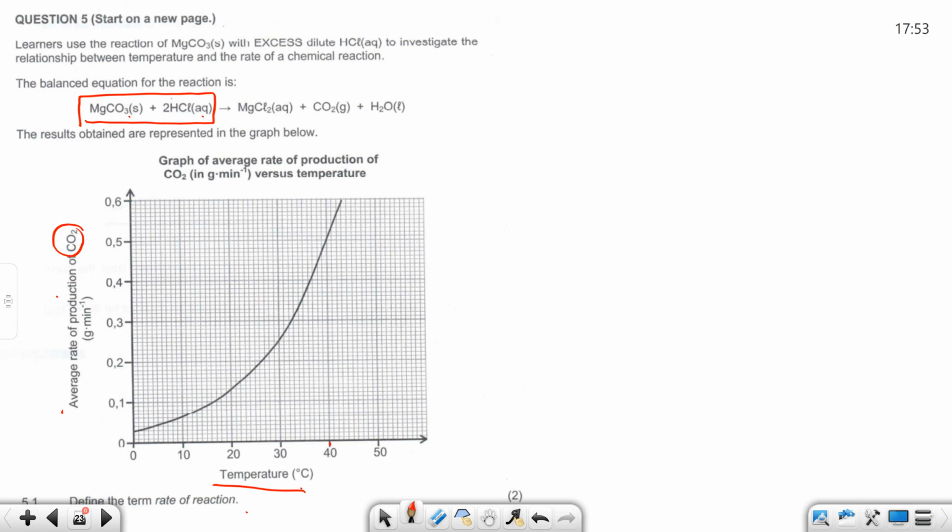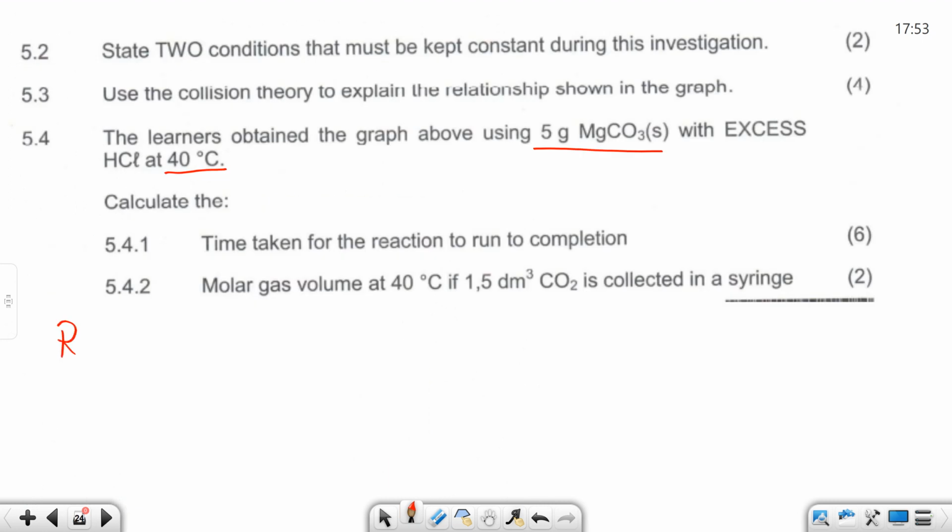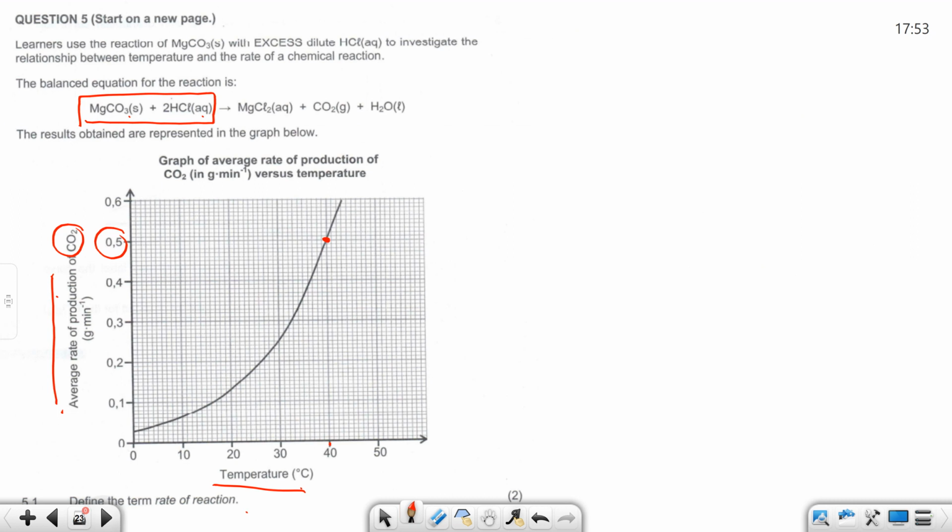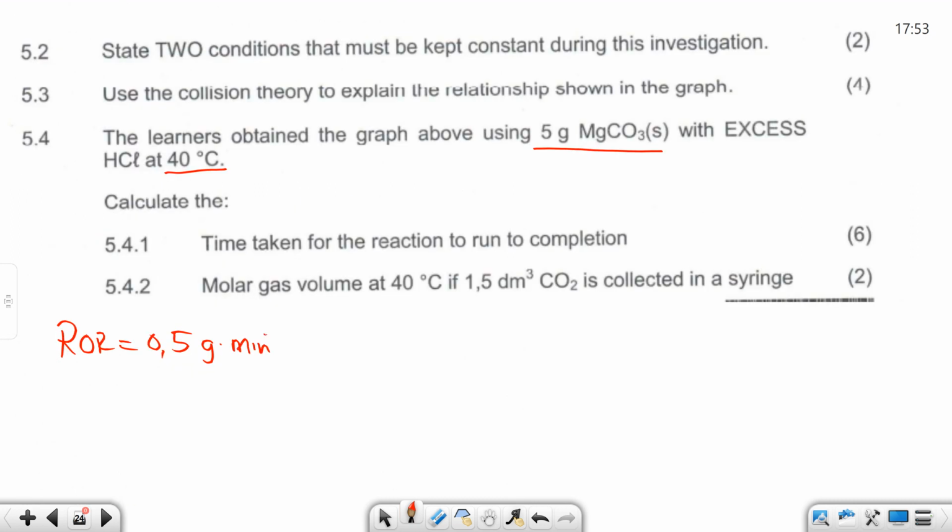At 40, what do we know? The rate of what? Production is what? 0.5. Okay. Can I write that information down? The rate of reaction is what? 0.5 grams per, is it per minute? Per minute, right? Lovely. Of which compound?